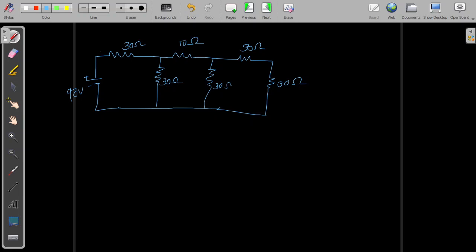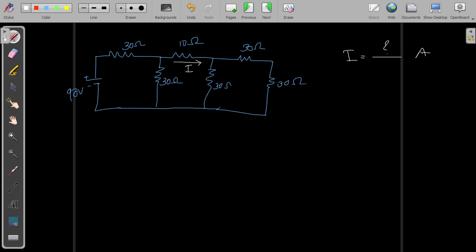Okay, and the current through the 10 ohm resistance, which is marked in the given direction, is denoted as I. You have to find out I equal to dash ampere. Okay, I is how much ampere?